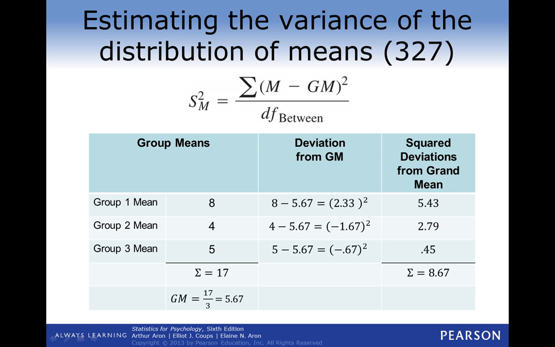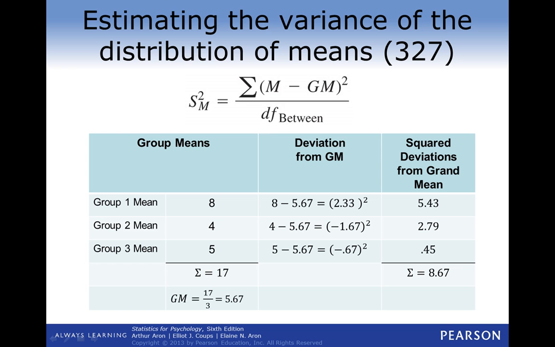5.67. We are now going to compute a deviation from the grand mean. It's the same type of deviation scores you've computed before. This time, you are subtracting the grand mean from each group mean.